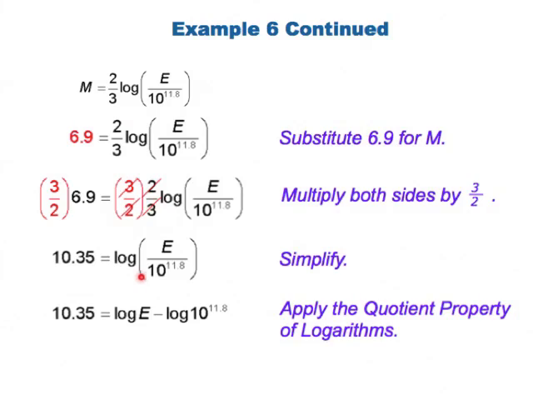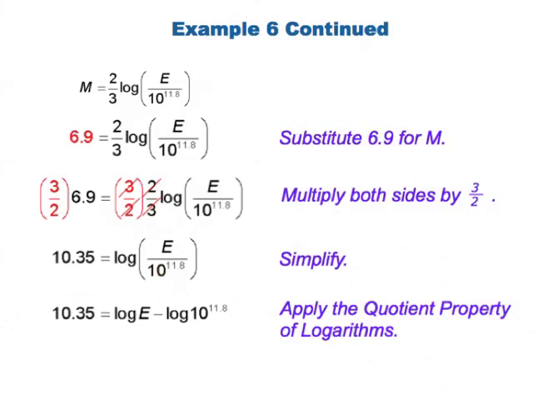And then from here, what happens? Well, let's see. You have a division here, so it's going to be the log of E, base 10. Since it's division, it's going to be subtraction. So minus log base 10 of 10 raised to 11.8.